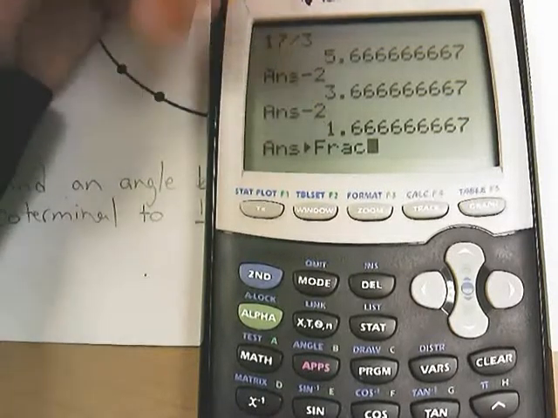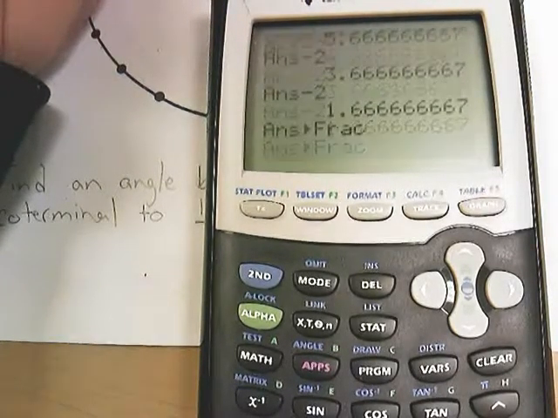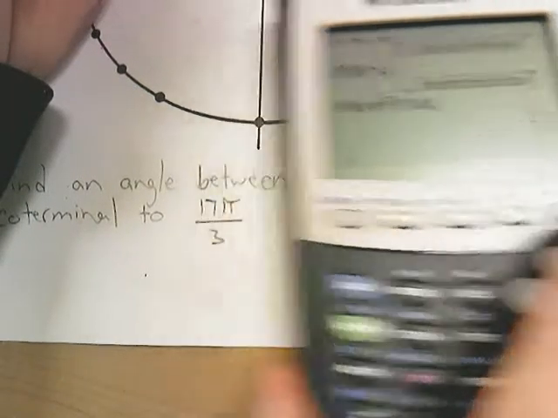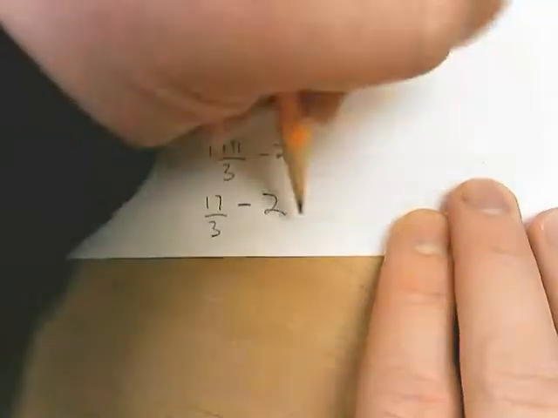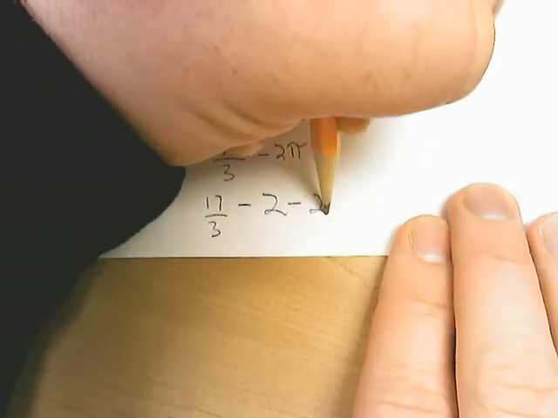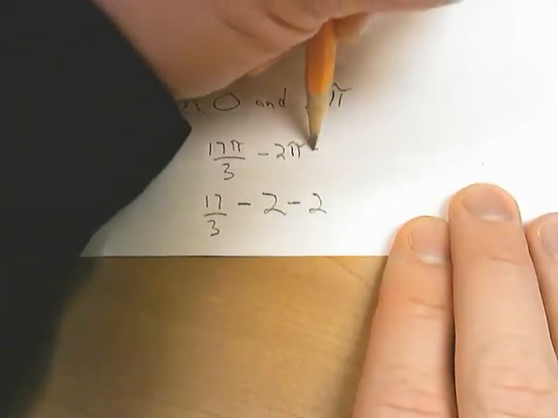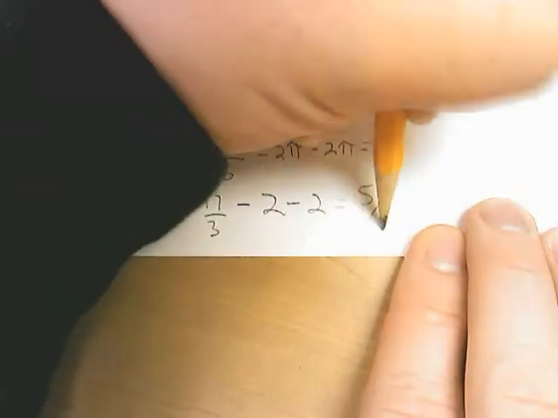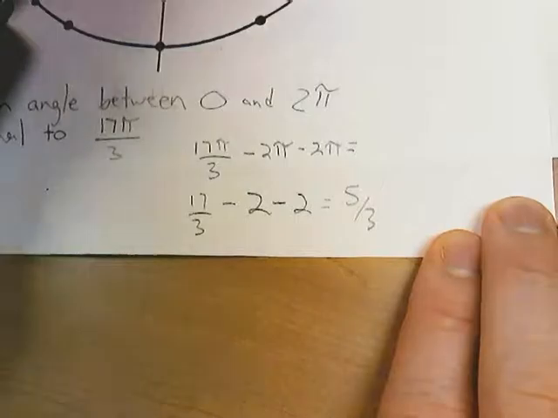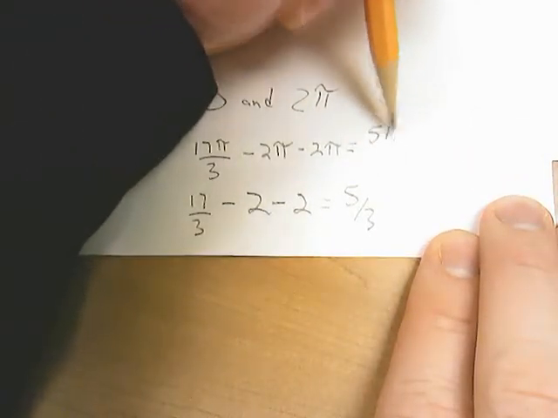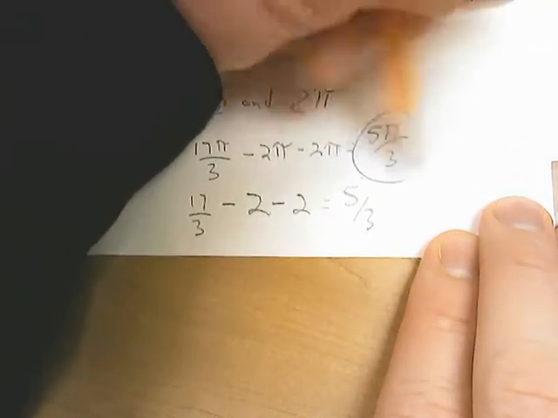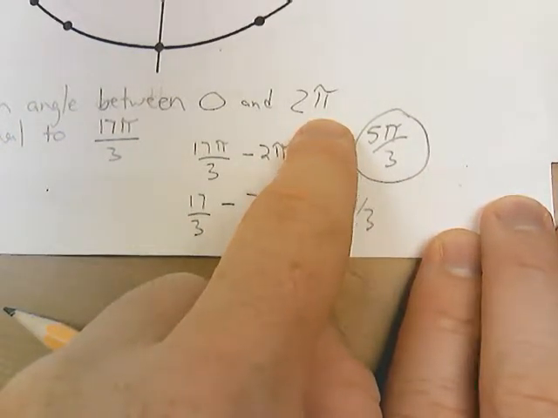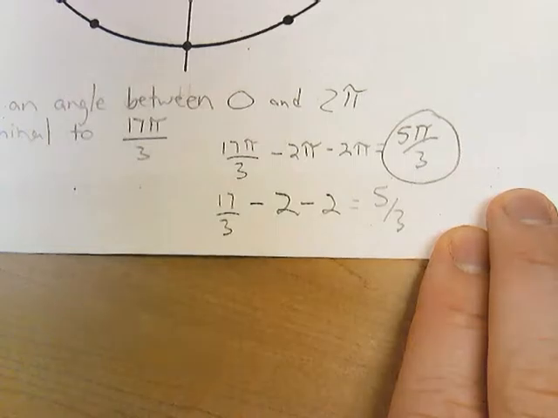Every calculator will do this, it's just a matter of how. So 5 thirds. If I was showing my work, I might show that I subtracted 2 or 2 pi a couple times. I ended up getting 5 thirds, and then we just put the pi back on at the end. 5 pi over 3. So 5 pi over 3 is an angle that is between 0 and 2 pi. It is coterminal to 17 pi over 3.